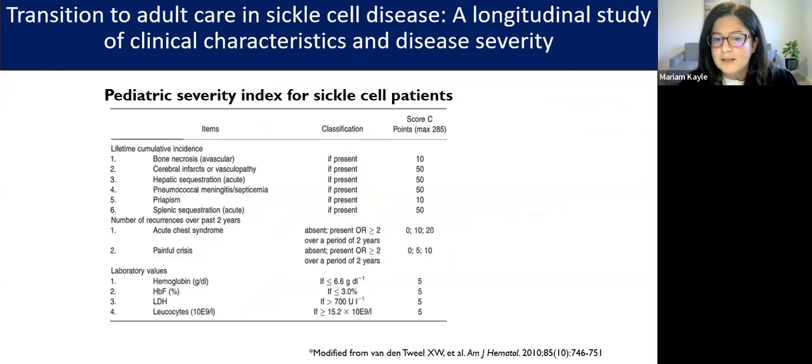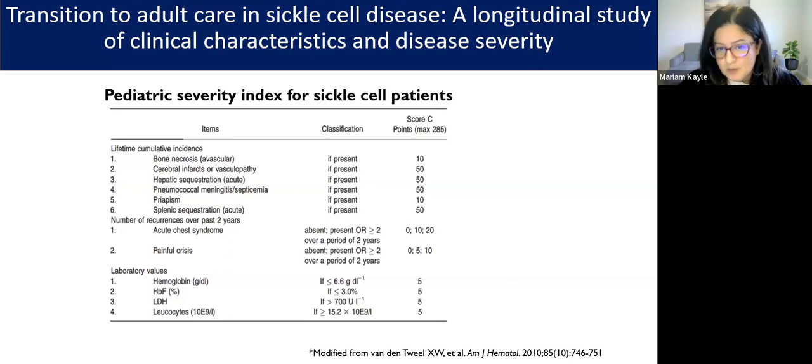To calculate severity, we used a scale that was developed, I think, in the Netherlands at the time for a pediatric population. It was validated in one study. It was not extensively studied, but it was the only thing out there that quantitatively measured patients' disease severity.